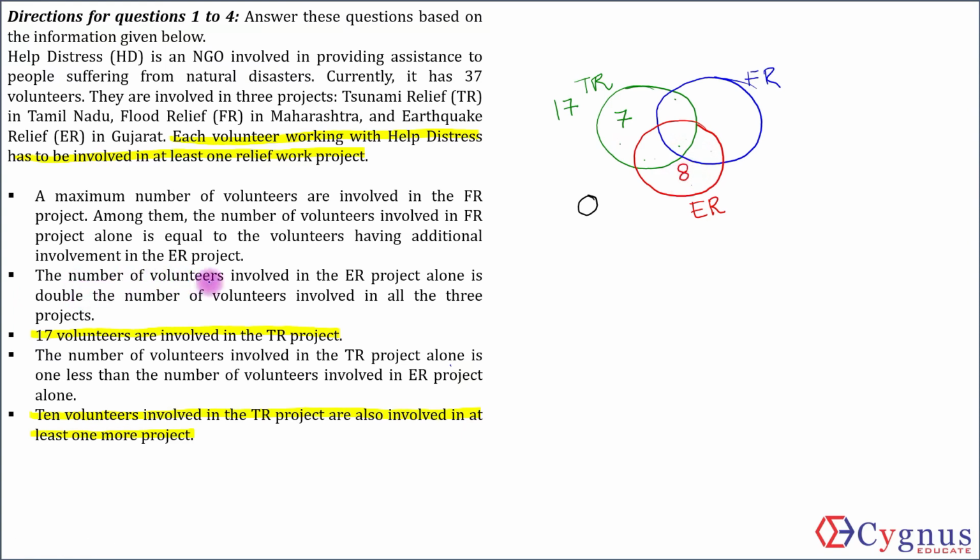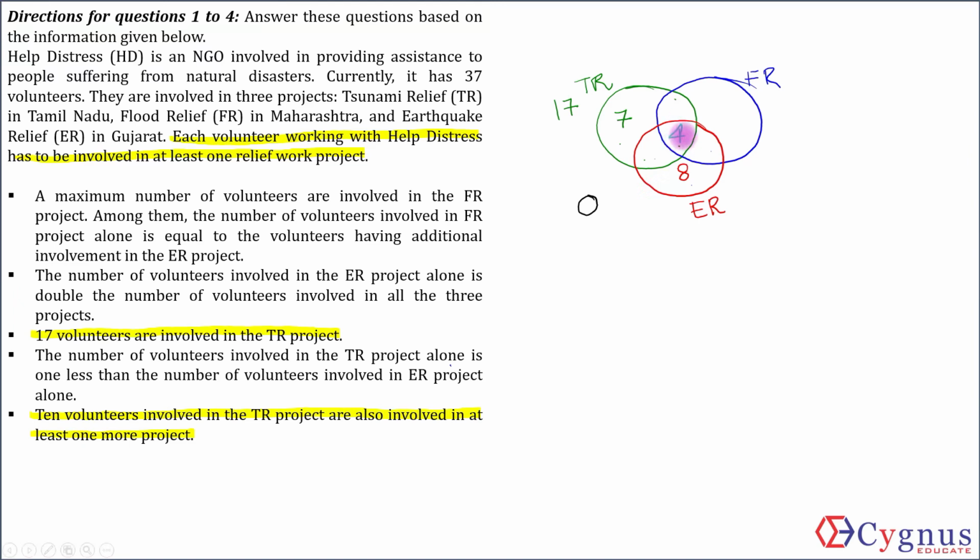Now, the number of volunteers involved in ER project alone is double the number of volunteers involved in all the three projects. ER project alone is 8. This is double of those who are involved in all the three projects, which means this value, that is 4.